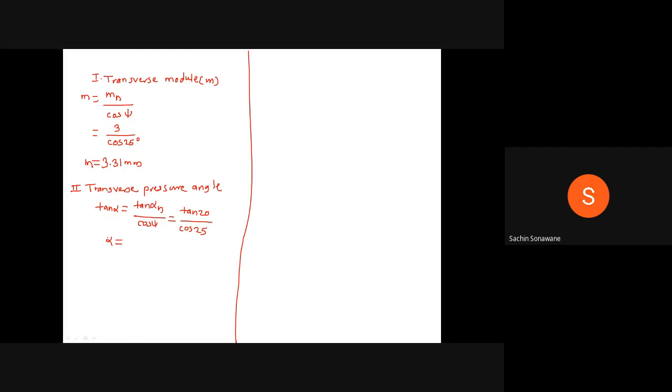Anyone can tell fast? 0.40. No, no, alpha value I want. Take tan inverse.